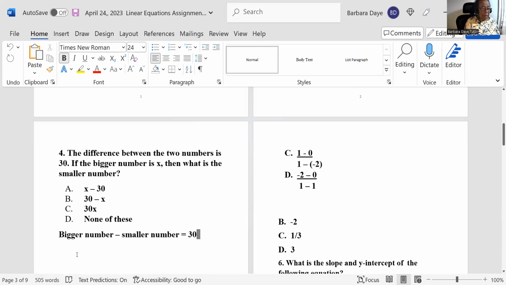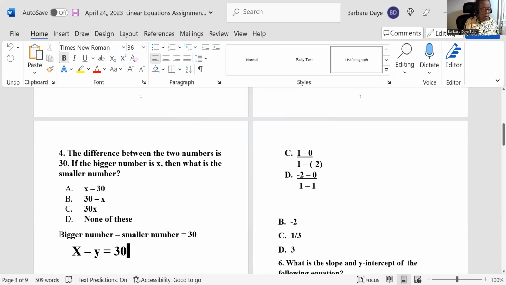If you put some little labels on this, let's call this one X, minus, and we'll call that one Y, and that's equal to 30, right?